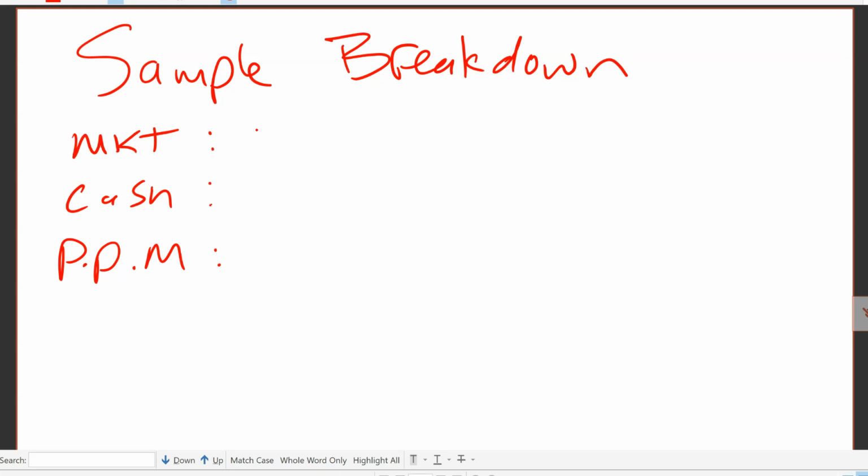So here's a sample breakdown of what a lot of our clients choose to end up with once they go through our principal protection plan. They'll still have something like 40 to 60% of their dollars in the market. That's just going to depend on their personal risk tolerance and how much money they've already accumulated.